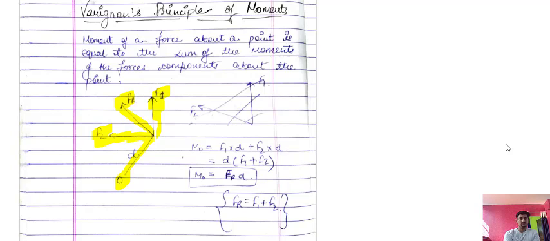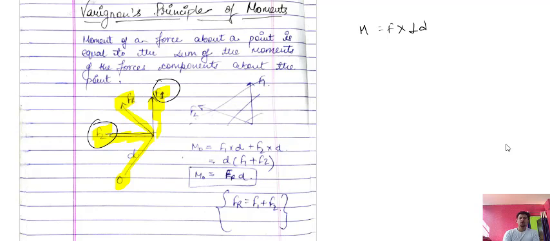What we need to do, according to Varignon's theorem, it states that the moment of this force and this force, this is the force which is going this way and this is this way, and the perpendicular distance for this force will be, you know, that moment is equal to force into perpendicular distance.